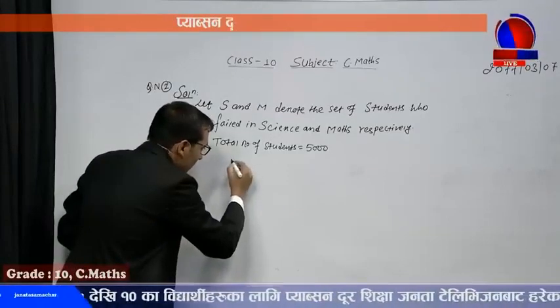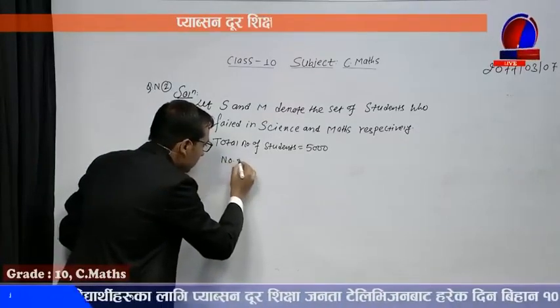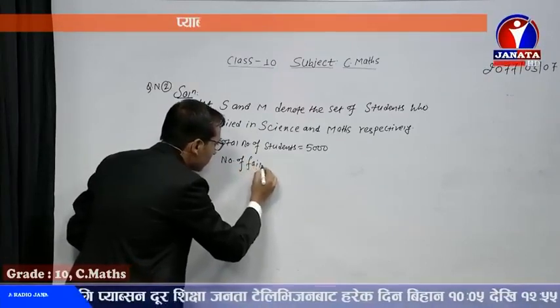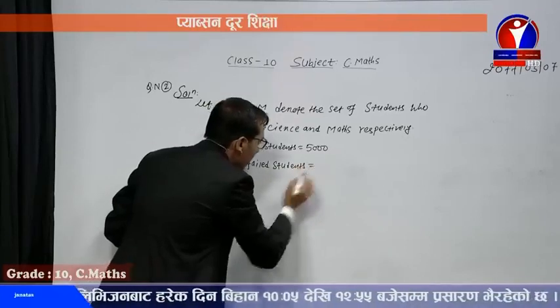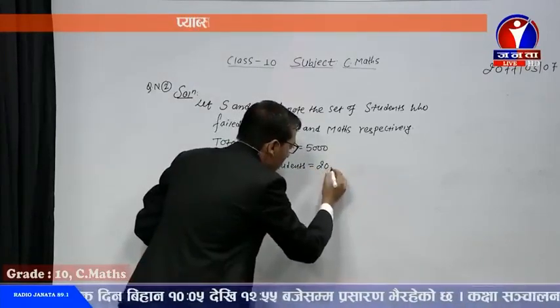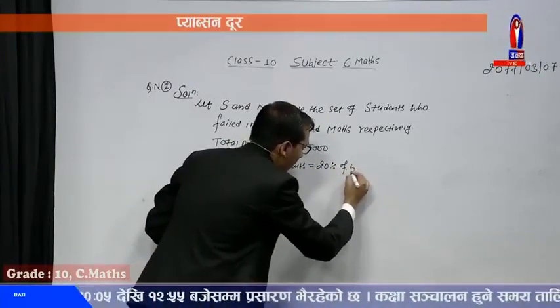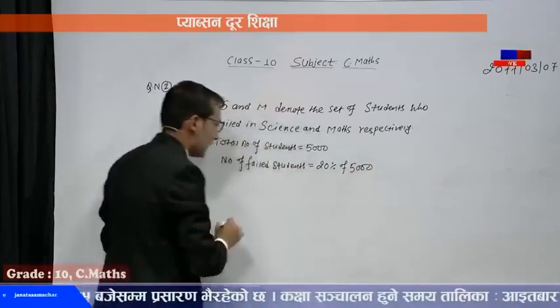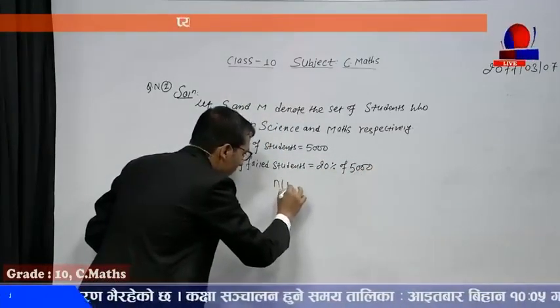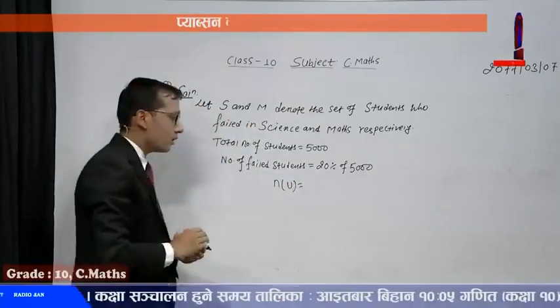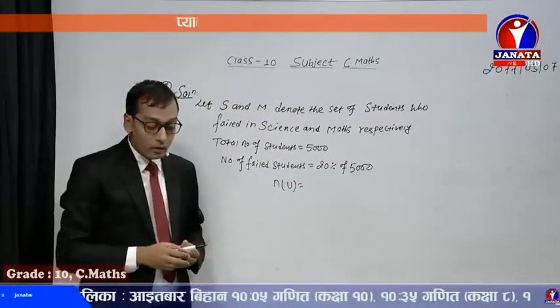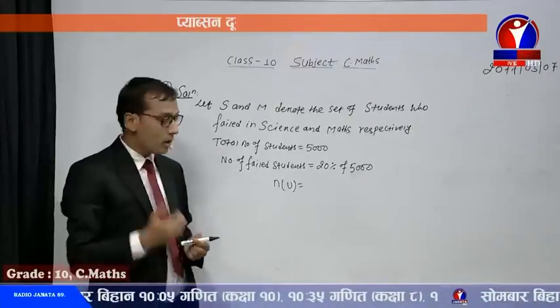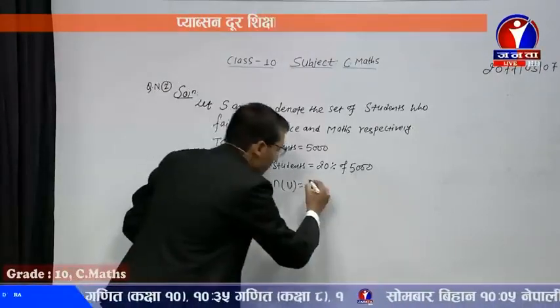So number of failed students is 20% of 5,000, and this is n(U), because the question talks about only the failed students. Out of 5,000, only 20% failed.